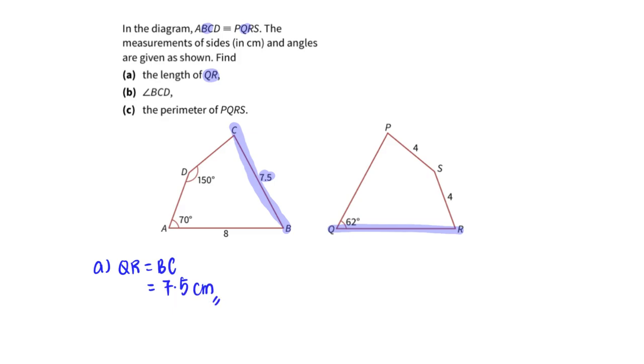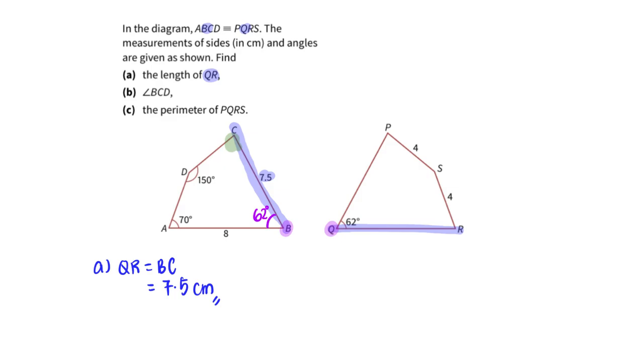Part B, find angle BCD, which will be this angle here. So you do have to note that point B and point Q are corresponding points, and therefore this angle here will be 62 degrees.